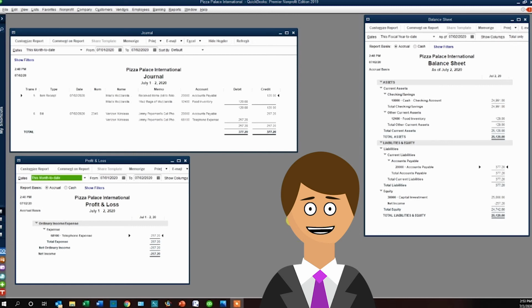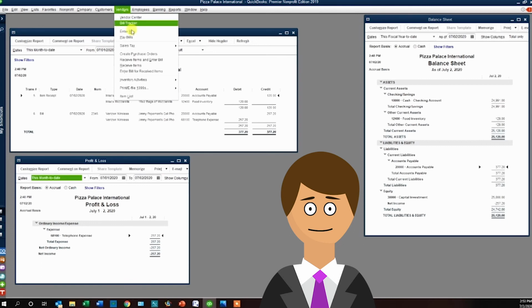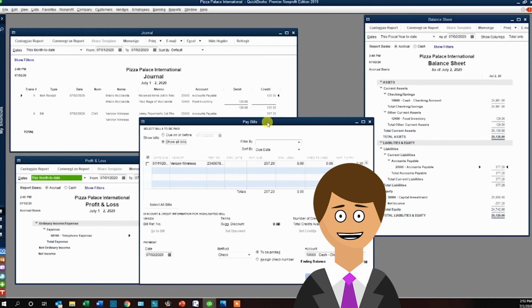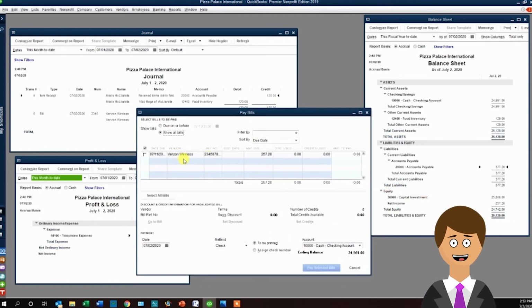All right, now we'll show the other side of accounts payable when we actually pay it. But I'm going to show you something interesting about systems that they don't really tell you in the books too often. If we've got vendors, we're going to go pay bills. You'll notice that when we pay bills, only the Verizon Wireless is up there. So you'll see that we owe $257 of bills to pay, yet we have $377 of accounts payable.